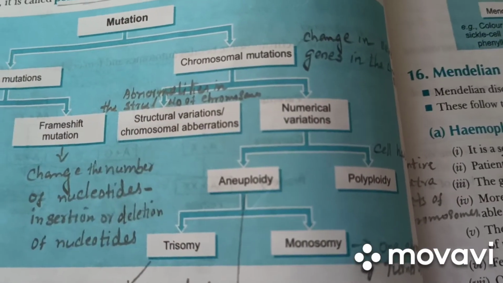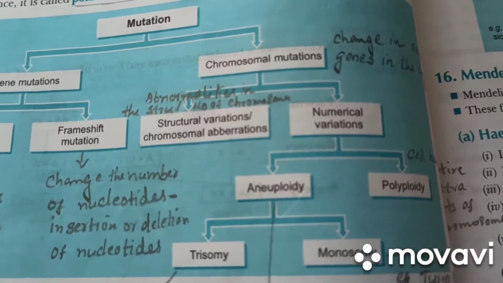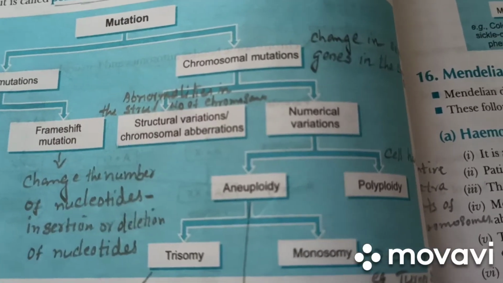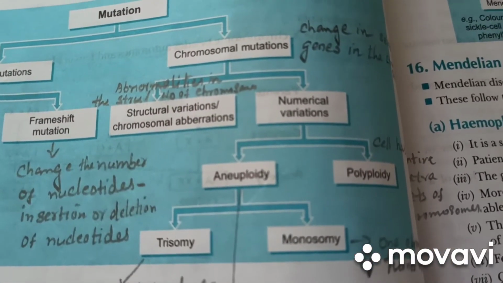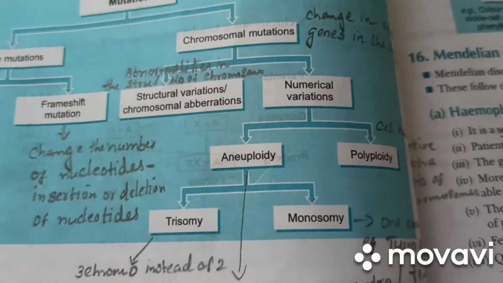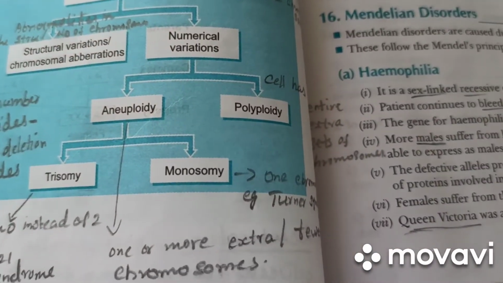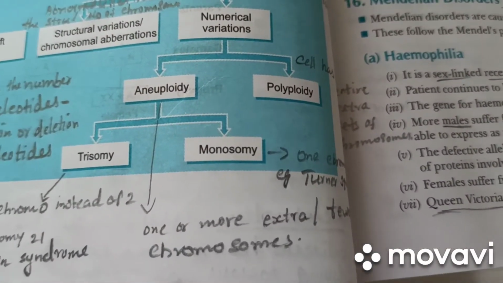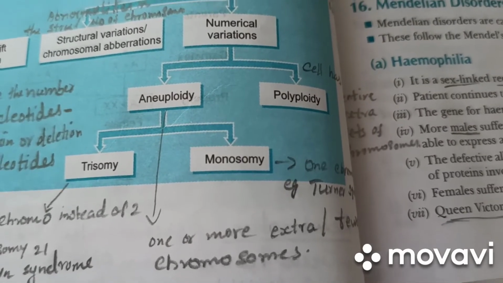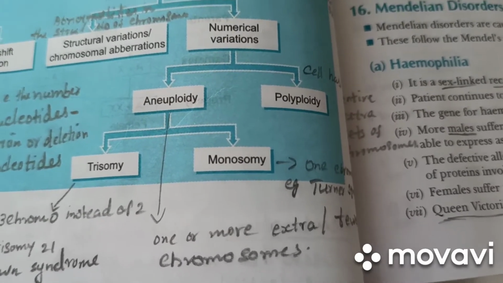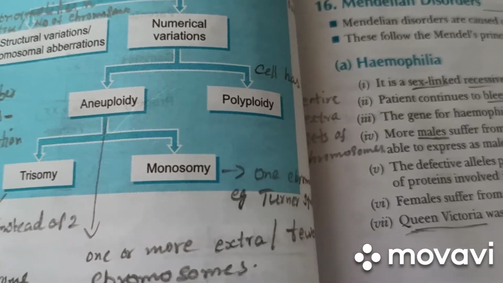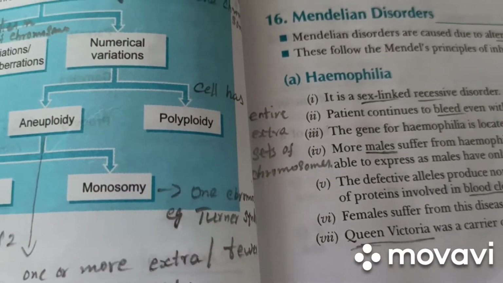The next is structural or numerical variations, which means abnormalities in the structure or number of chromosomes. There are 2 types, aneuploidy and polyploidy. Aneuploidy means one extra or one fewer chromosome. Polyploidy means entire extra sets of chromosomes.